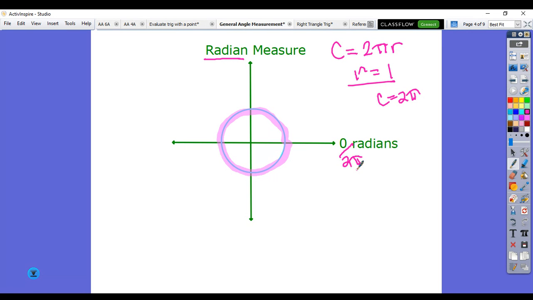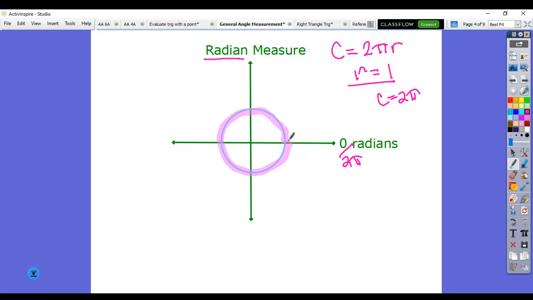It's just two different units that can be used for the same thing. When we're talking about circles, radian measurement is just another type of measurement, just like degrees. All the way around a circle is 360 degrees. All the way around a circle is also 2 pi radians.